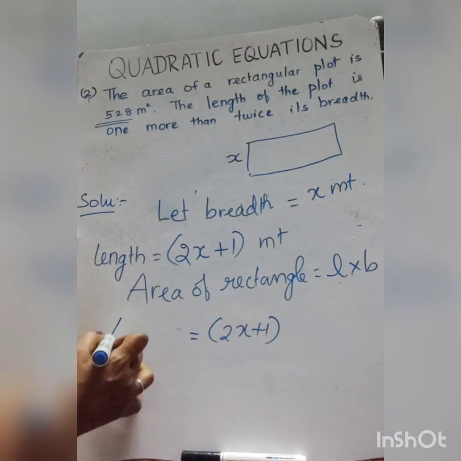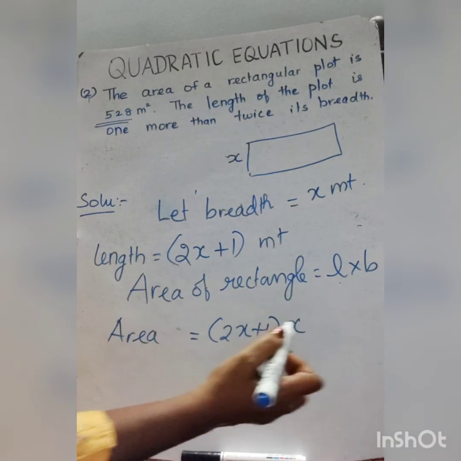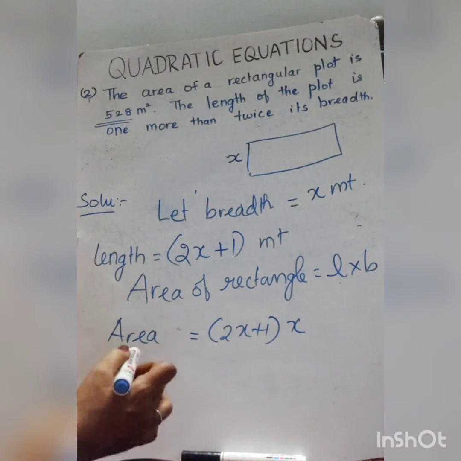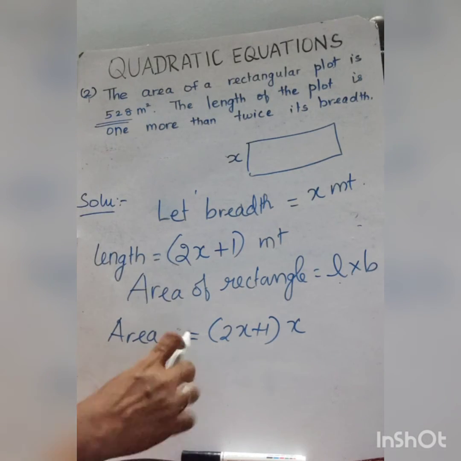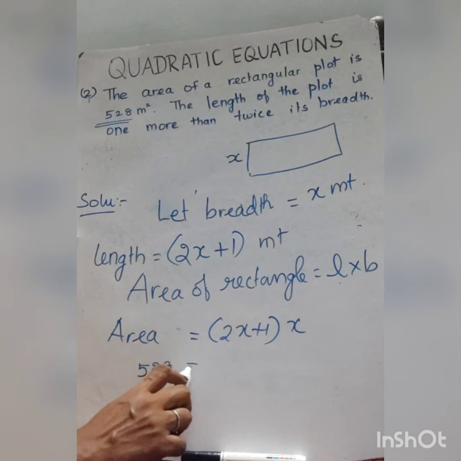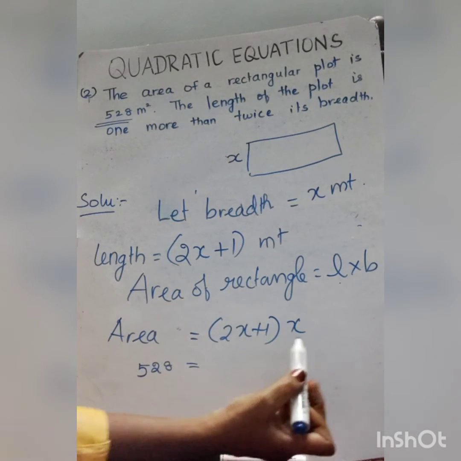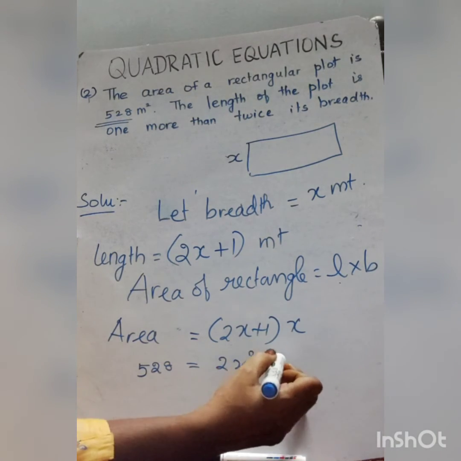So area is going to be 2x plus 1 into x. But actually area is given as 528. So that 528 is going to be 2x into x, which is 2x square, and x into 1 is x.